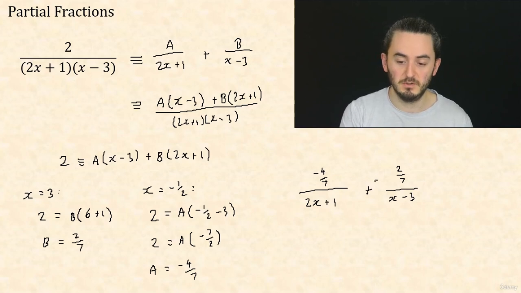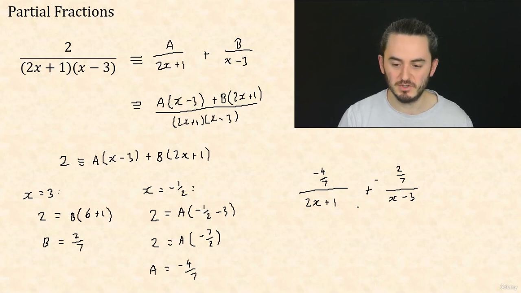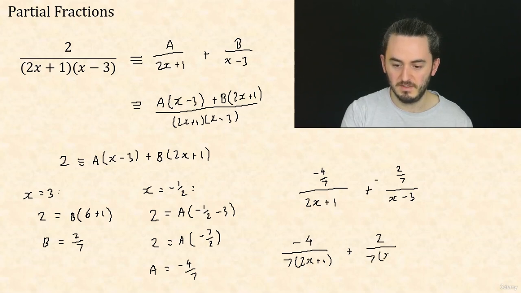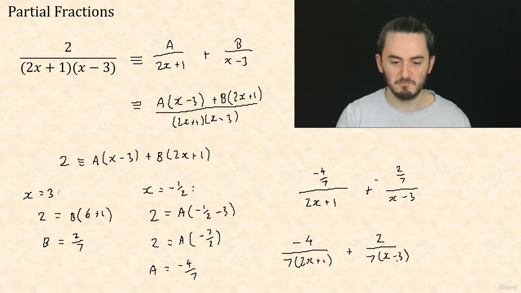It's the most useful when we're going to use the partial fractions for differentiation and integration. So very often it can be useful to leave them with these fractions in the numerators, but if we don't want to, we could of course write this as -4/7 2x plus 1 plus 2/7 x minus 3. That would be okay too.